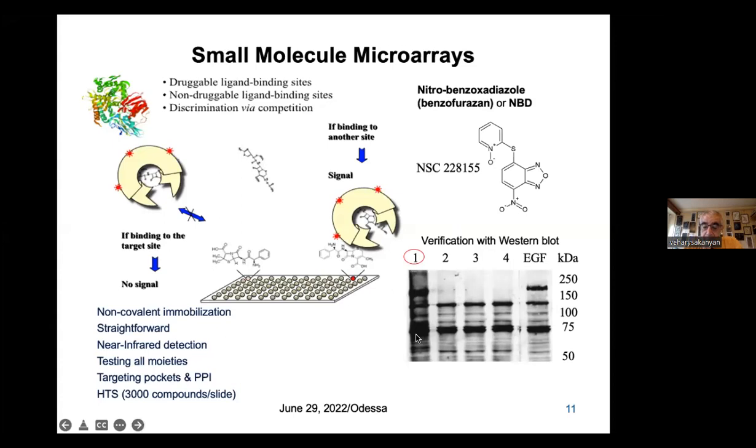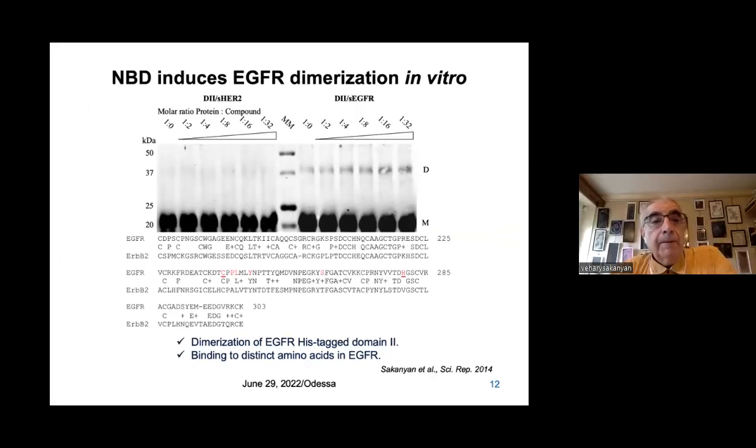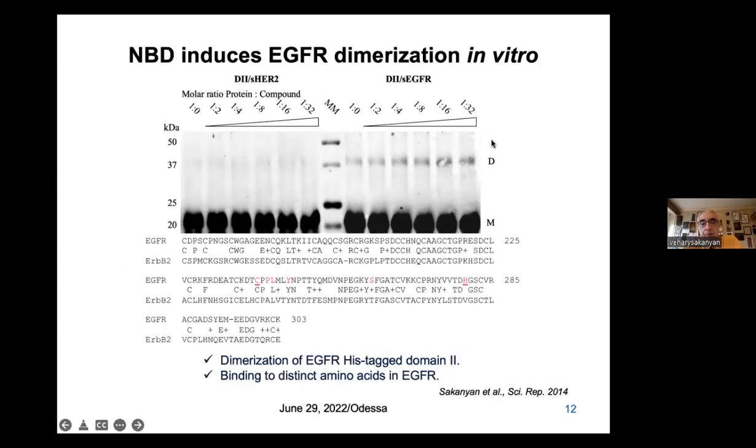Now, first of all, as I told you, EGFR should be dimerized by epidermal growth factor. Here we can see that this NBD compound also has such a property. It is more important to stimulate this dimerization as compared with the HER2 protein.